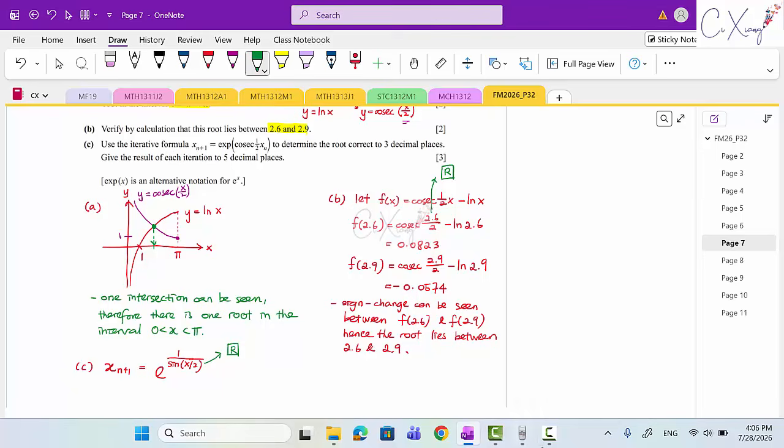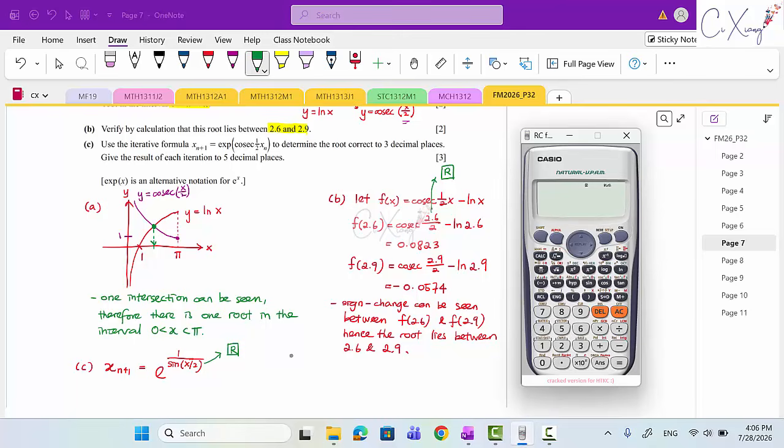So please make sure you put it in the radian mode. Then I key in the formula: e, then power 1 over cosecant, where cosecant is 1 over sine. So I put it as a fraction: 1 divided by sine, then x over 2, so x divided by 2. Then close bracket. Okay, so this is what I have for the iteration formula on the right hand side.